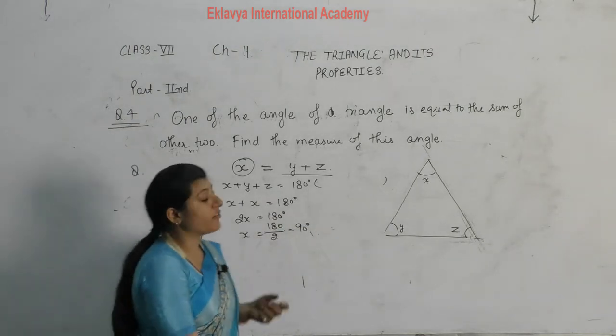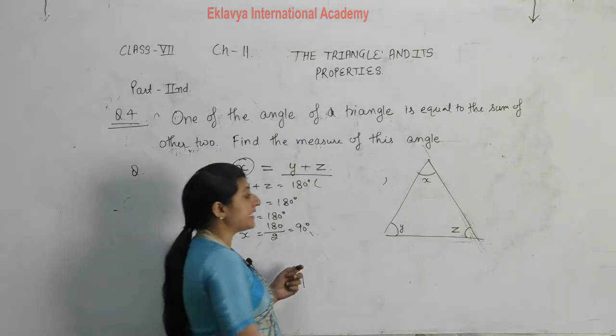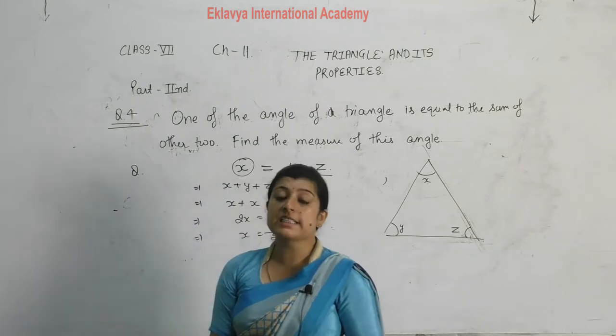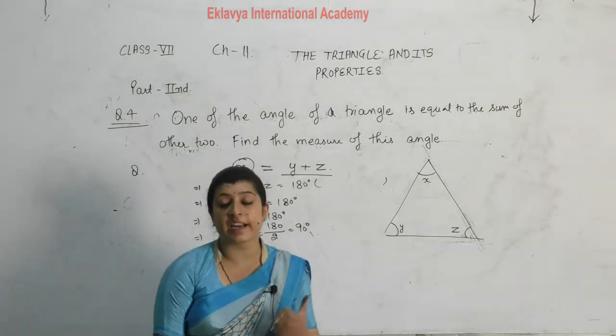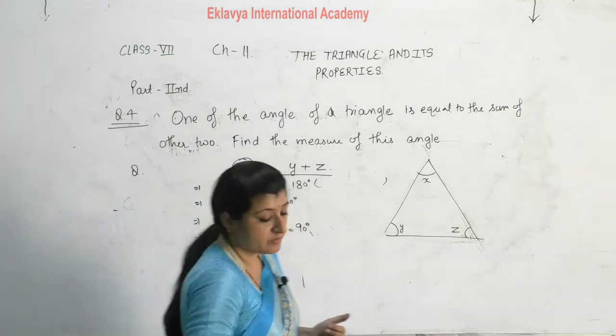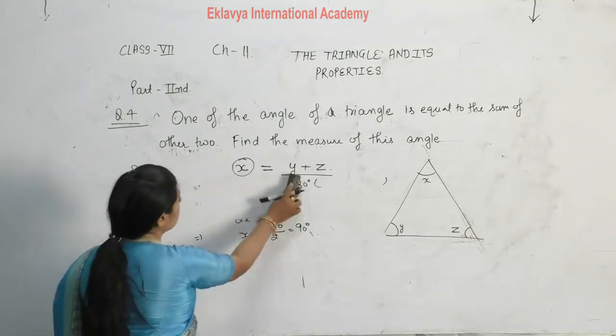So what is the value of x? One of the angles is 90 degrees. It means which type of angle is it? One of the angles is 90 degrees, it means this triangle is called a right angle triangle. See the next example now.